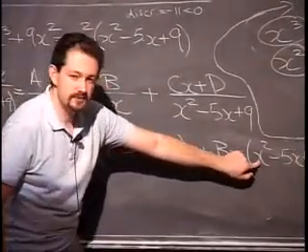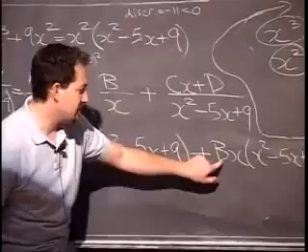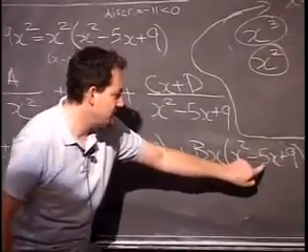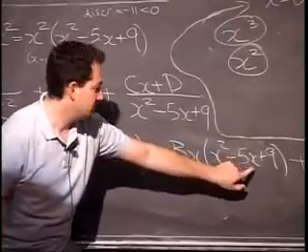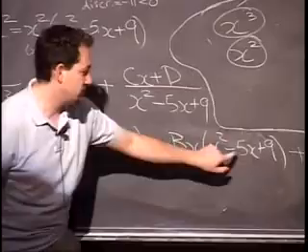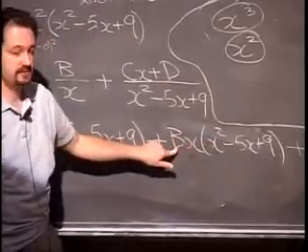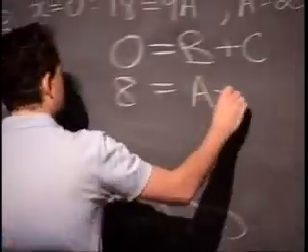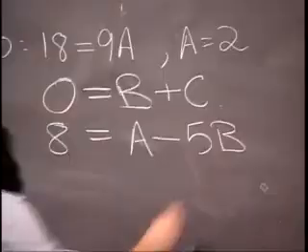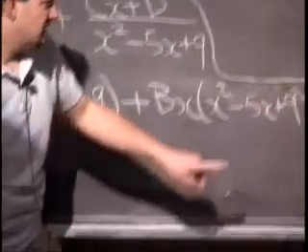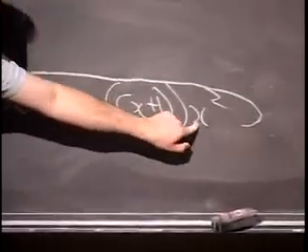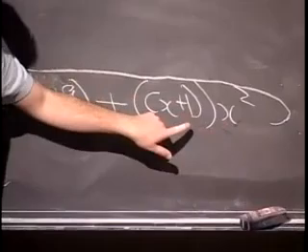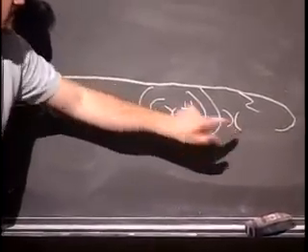Bx cubed. How many x squareds do we have? We have a bx times negative 5x. So you've got x squared, and the coefficient will be negative 5b. So we have a minus 5b. What about, from this term, cx times x squared is already x cubed, but d times x squared will give you a d.